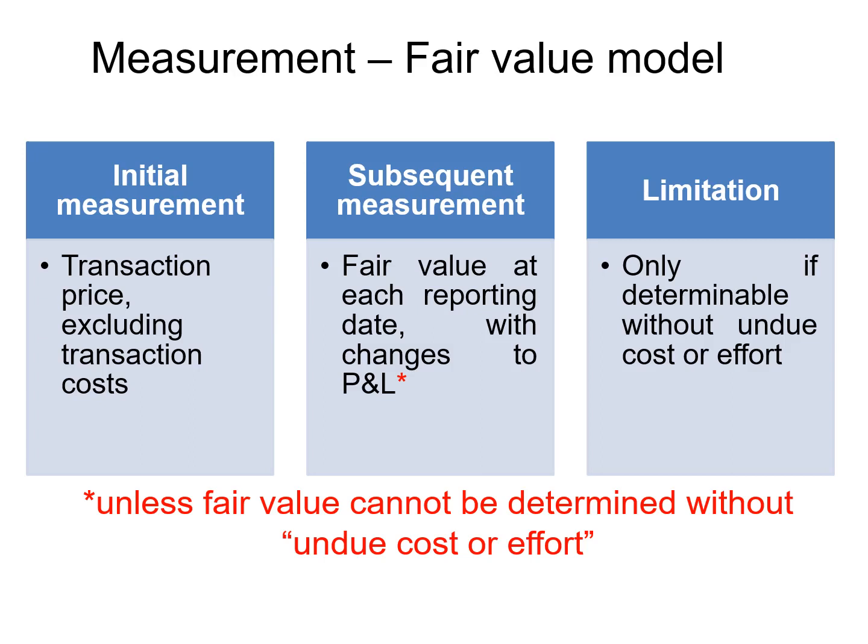Having said that, what the standard setters have done is they've specifically looked at the fair value model that is available under the SME standard, and they said where you decide that you will apply the fair value model, initial measurement is always at the transaction price, excluding any transaction cost that you might have incurred. Subsequent measurement is at fair value at each reporting date, with any changes taken directly to profit or loss.